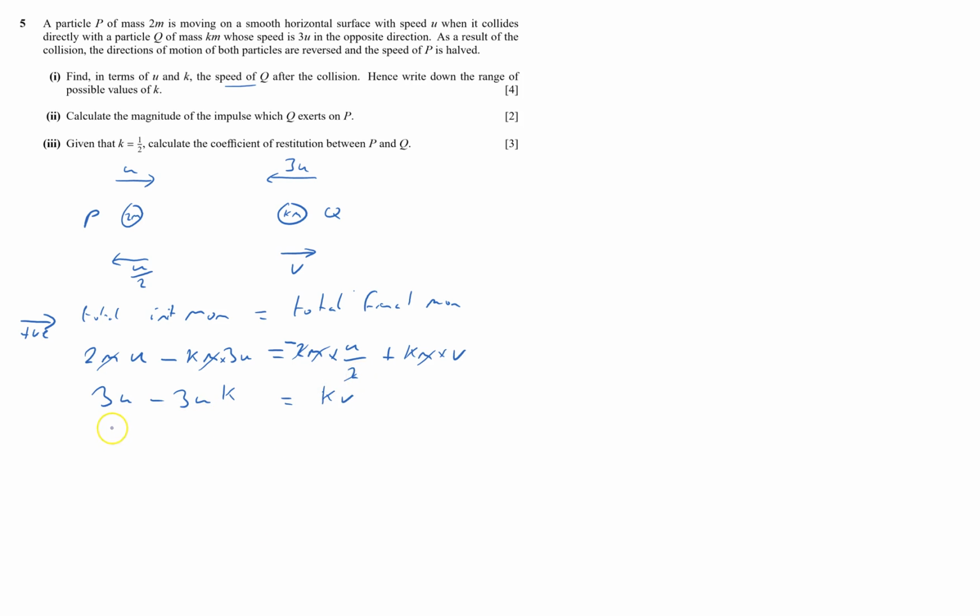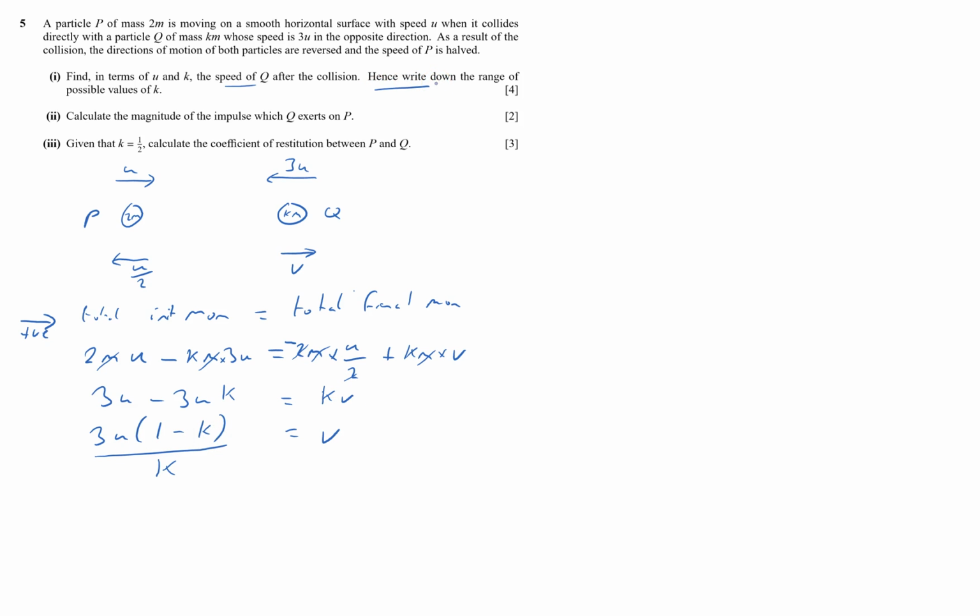And that will give us 3u times 1 minus k. That's what we've got there. And that will equal, if I divide that by k, v. So I find out what v is in terms of u and k.